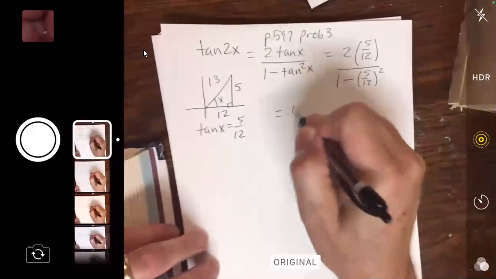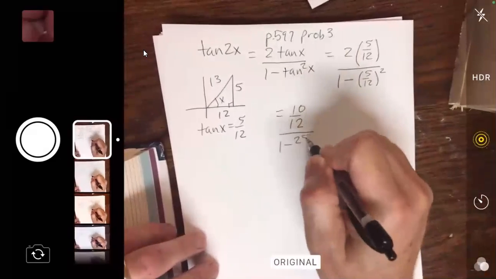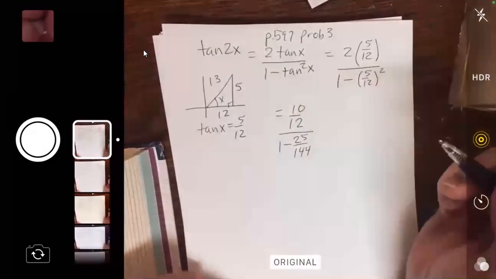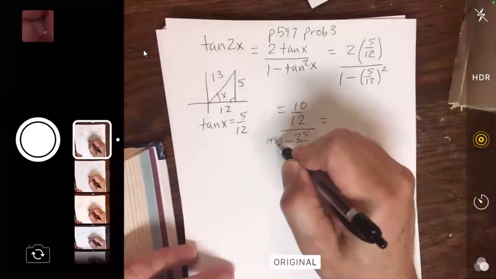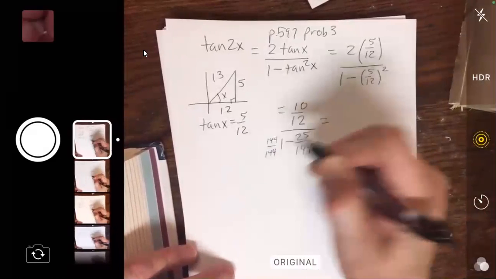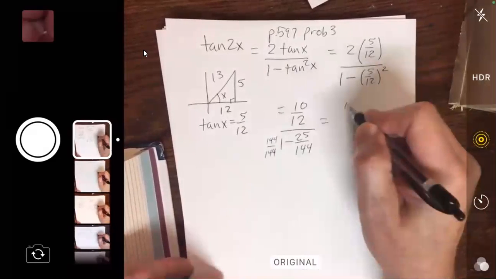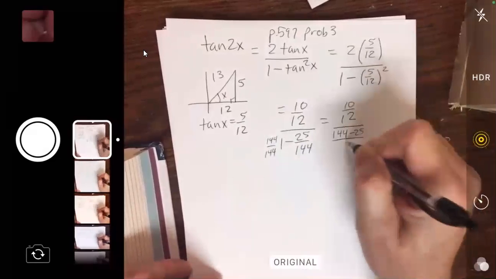So you're looking at 10 over 12 over 1 minus 25 over 144. Write it down, this would be 144 over 144. So 10 over 12 over 144 minus 25 over 144.